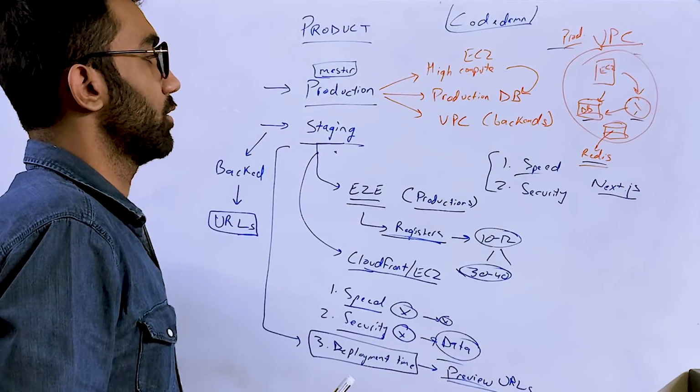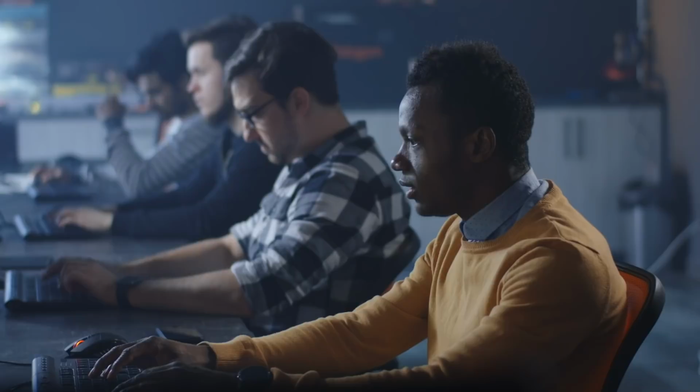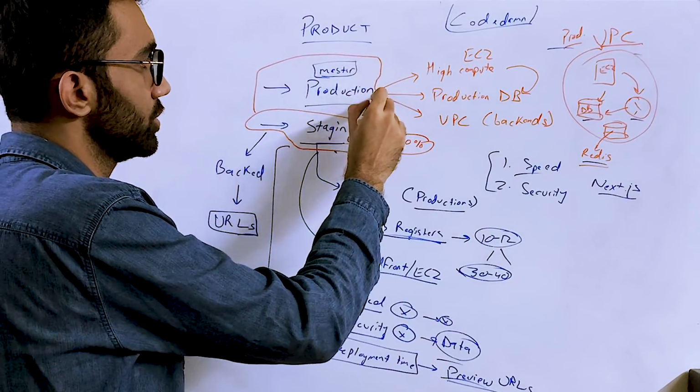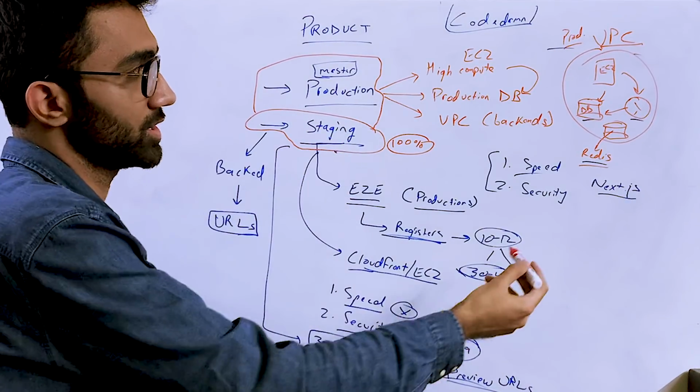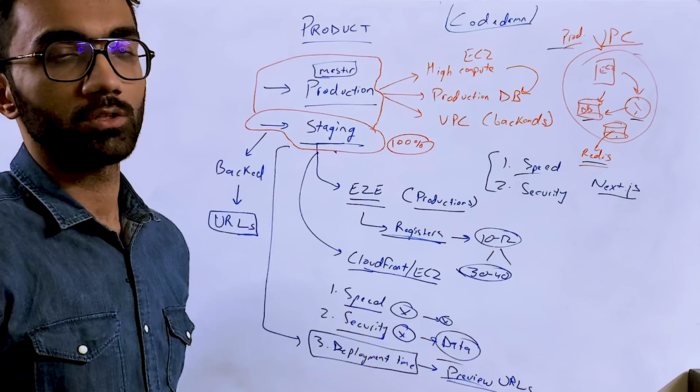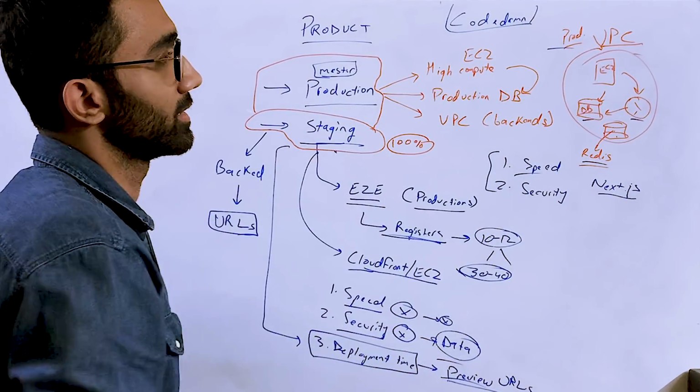Now, another benefit of having a staging environment is that you can technically give developers 100% access to the staging build. So they can modify the environment variables, they can modify basically anything they want according to their needs. But the production environment technically should be locked in a way that even developers, nobody can really access it, and especially the database. And at least if anyone wants to access it, they are not able to access it completely.